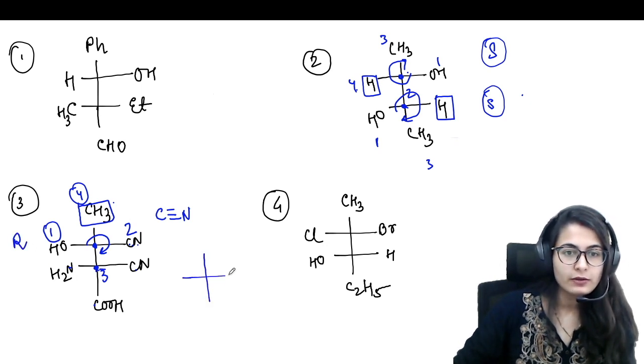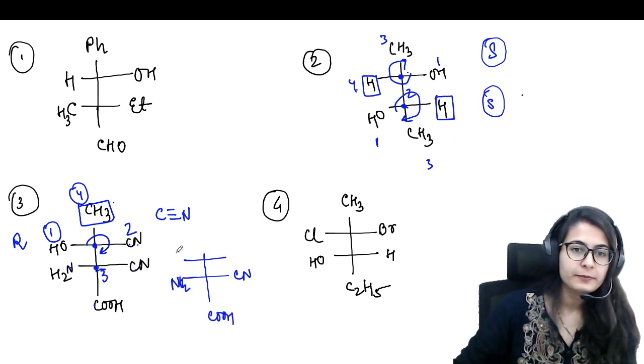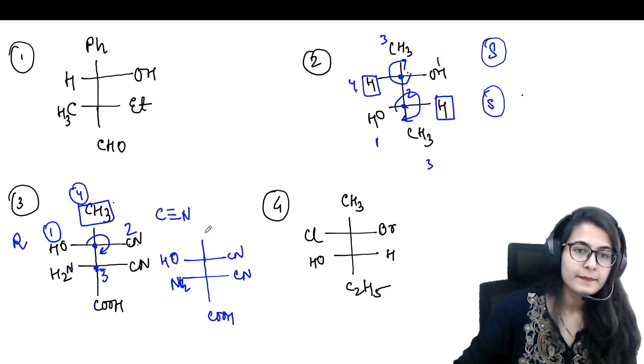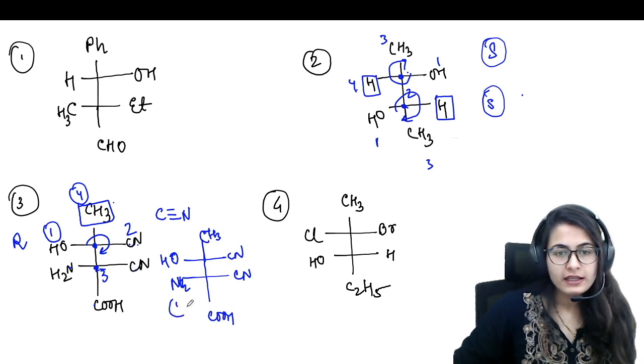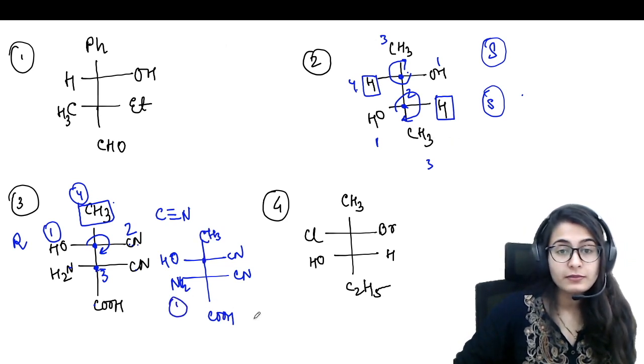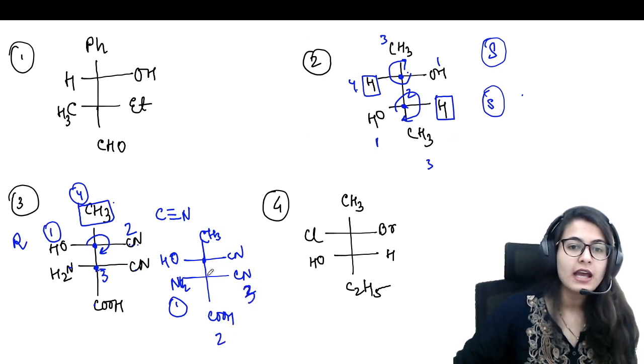Okay. Similarly, you look at the last carbon, amine, COOH. All right, there is a methyl over here. So once again, second priority could go to the carboxylic acid, third priority would go to the cyanide, and the fourth priority would go to this whole group.